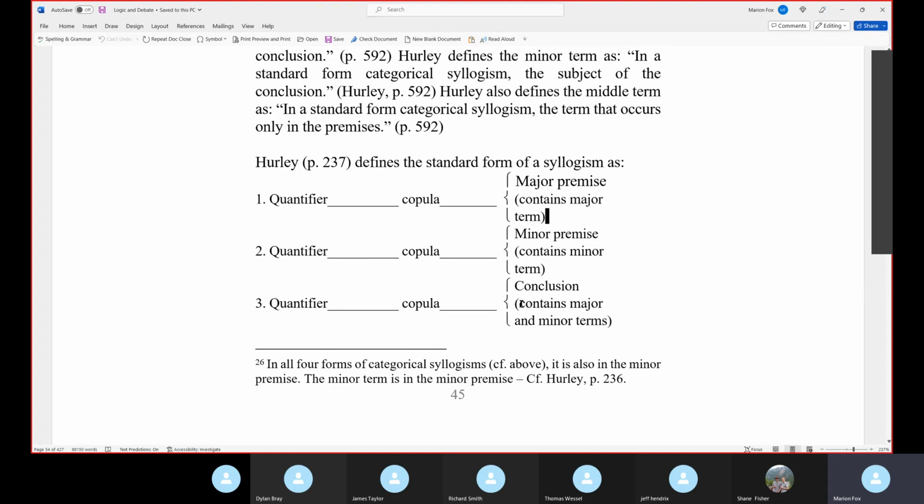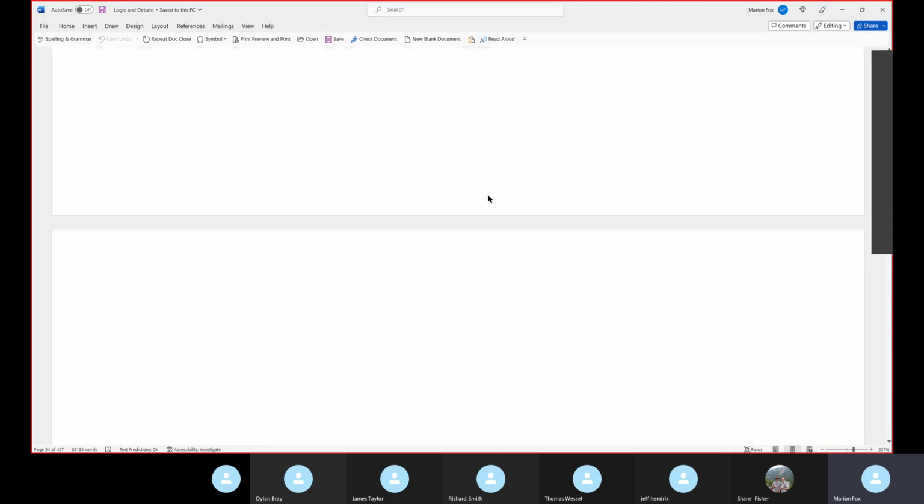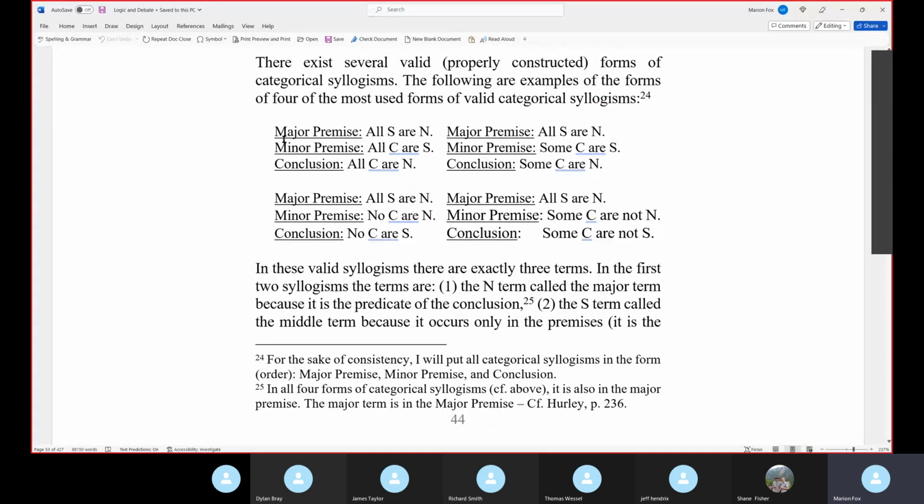The conclusion contains the minor and the major terms. And that's in all 4 of the forms that I have up here, these 4 forms right here.